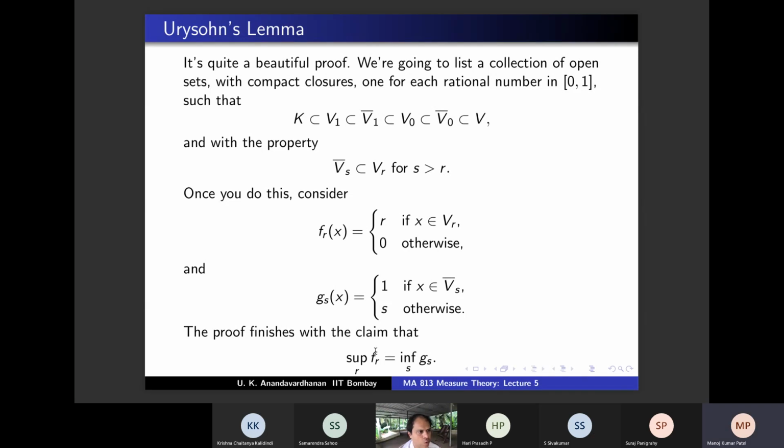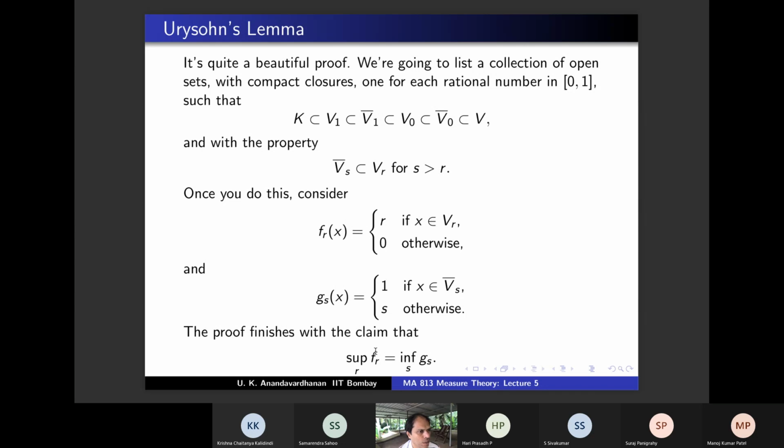So you will get the union of support of FR, is it? Yes. But support of FR is compact because that's VR bar. But do you know that the countable union of compact sets is compact?